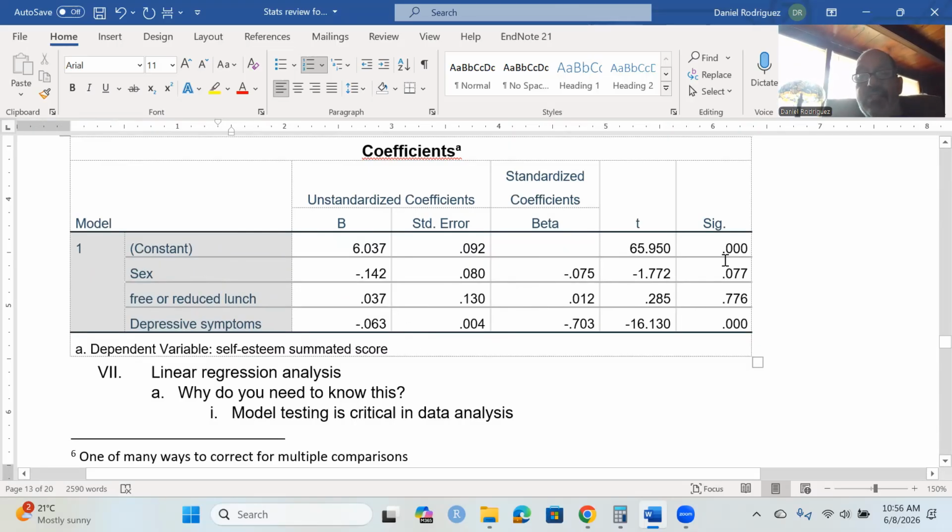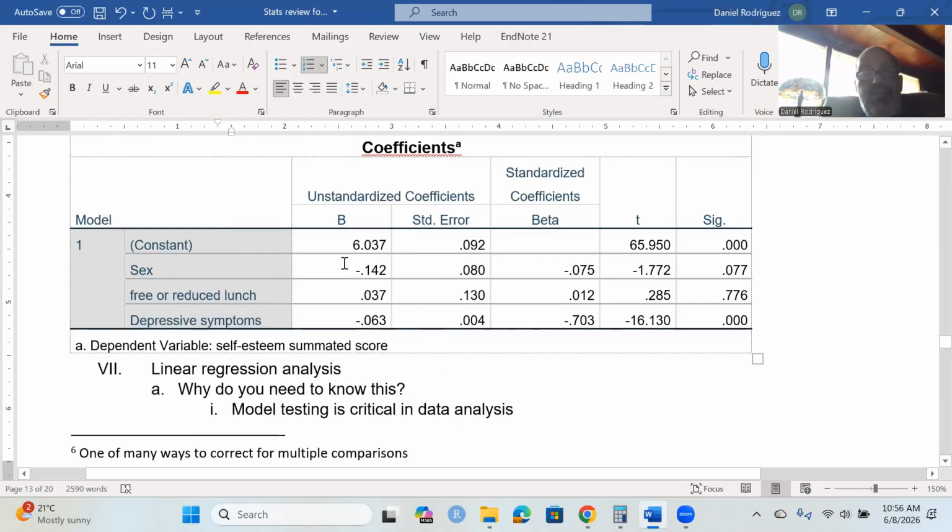And then we also get the level of statistical significance using p-values here. If my alpha is 0.05, there's only one significant effect here, and that's depressive symptoms. So to read this, you can use this b value, this regression coefficient, and say a 1 unit increase in depression results in a 0.063 decrease in self-esteem, holding all these other variables constant.